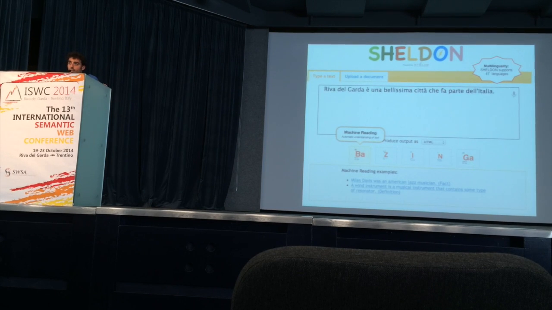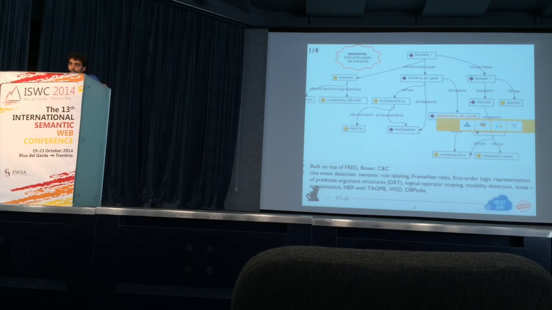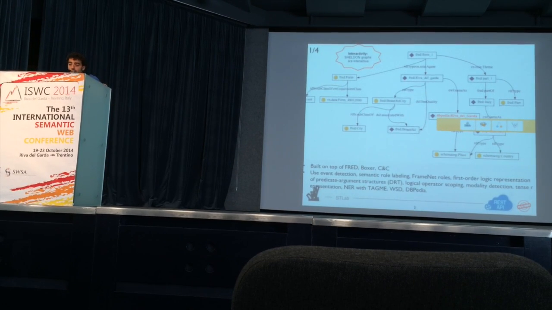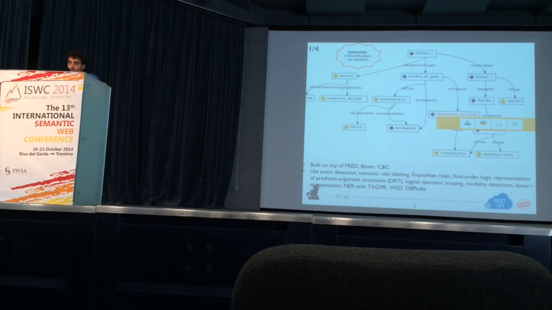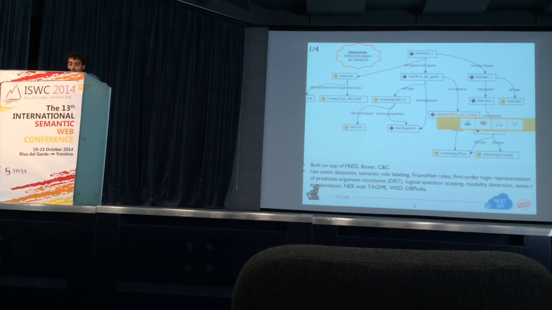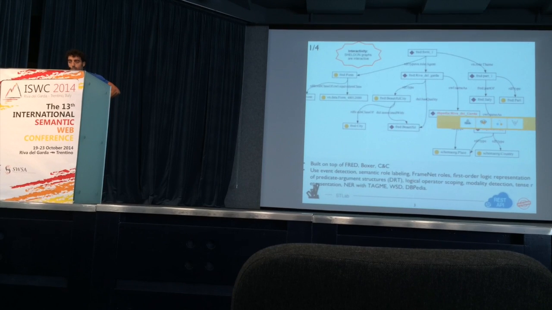Machine reading is the first of our components, and what it does is produce an RDF. Here is the HTML format of the graph, but you can even select and get RDF, Turtle, and any kind of RDF format. This graph is interactive, so you can click on the link, on the relation, on the property, and it produces this graph. This component is built on top of FRED, Boxer, CNC.